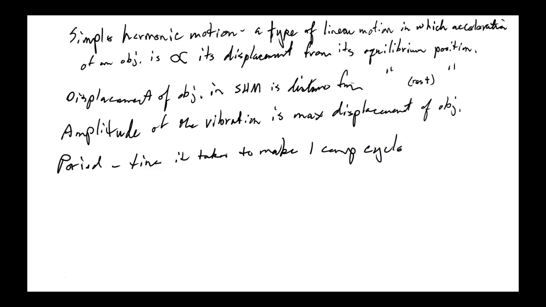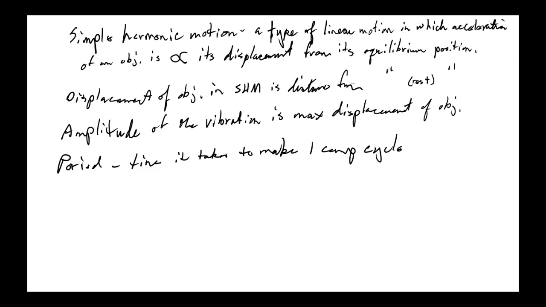Let's say that we stretch that spring down to here. That's going to be its amplitude, the maximum from the equilibrium position. We release it, so it goes up. It doesn't stop at the equilibrium position. There it's not being accelerated anymore, but it's already got speed, so it's going to keep going until it goes up here, also the amplitude, and then finally the spring is pushing back enough so it moves back. So what is the period? It's the time from down here, up there, and back down again.